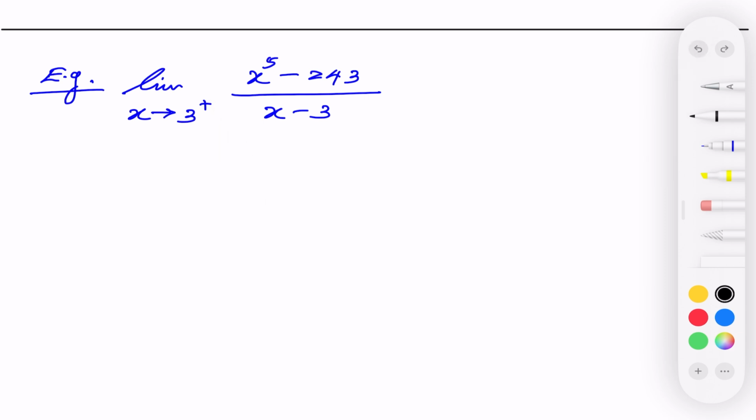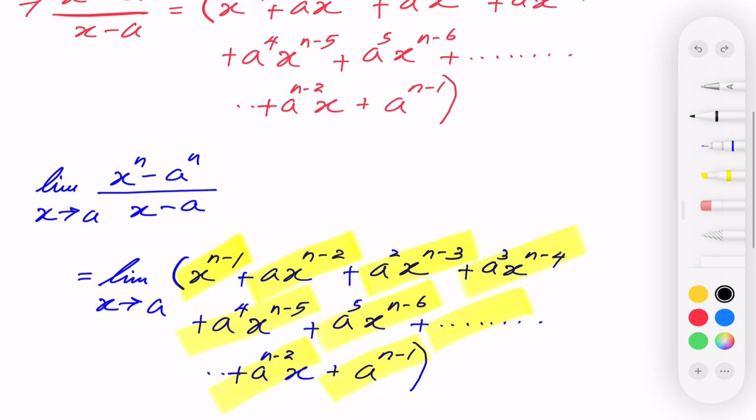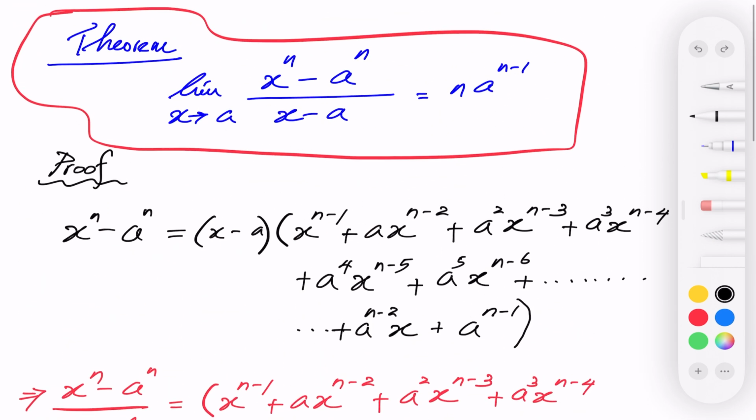Well, for the theorem, it was not specified whether x approaches a from the right hand side or left hand side, but that has nothing to do with this result. Why? That is because the theorem is given as the limit as x approaches a for this function.